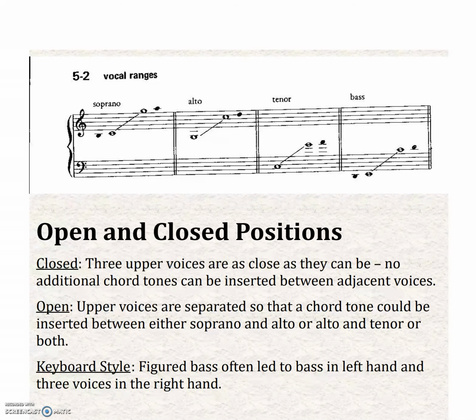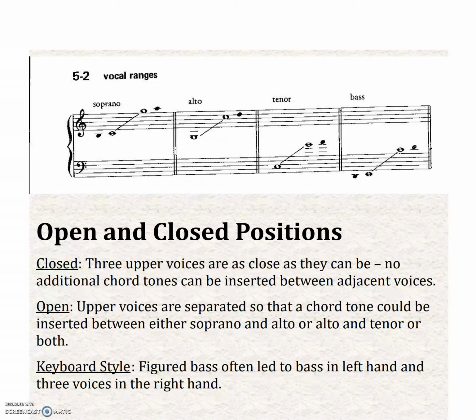Couple of position thoughts. There are 3 positions for 4-part writing. A closed position would mean that the upper 3 voices are as close as they can be. There will be no additional chord tones that can be inserted between adjacent voices. So everything's really close-knit between the top 3 voices.